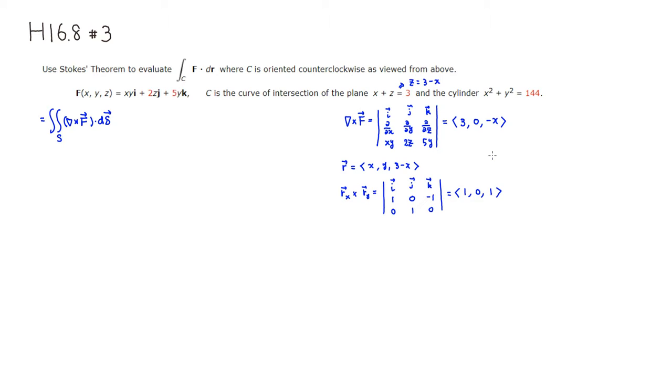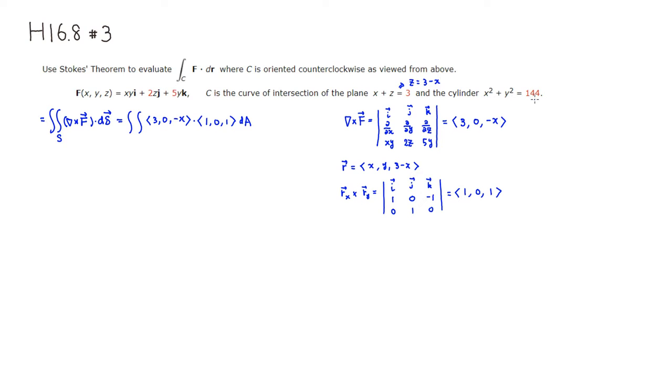So this is going to be equal to a double integral of the vector 3, 0, negative x dotted with 1, 0, 1, dA.